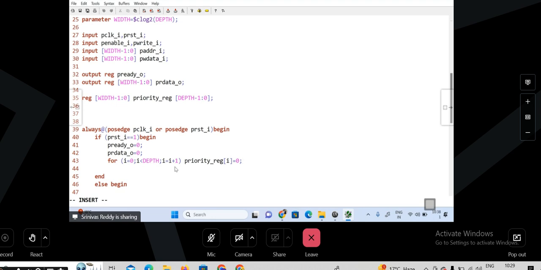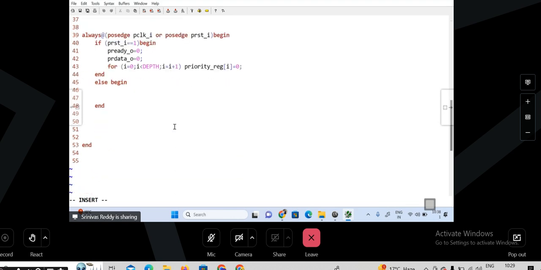How to do handshaking is nothing but if enable is equal to 1 and P ready is equal to 1, and then I'm checking if P write enable is equal to 1. If it is 1, write operation. Else, read operation. Correct?